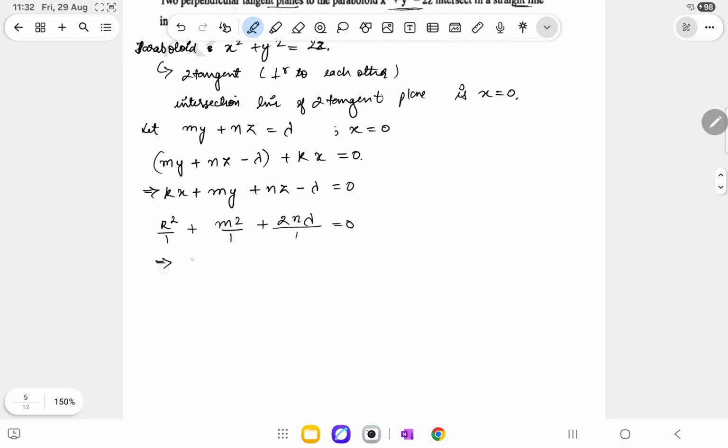So this we got using the tangency condition, that is basically k square plus m square plus 2n lambda is equal to 0.